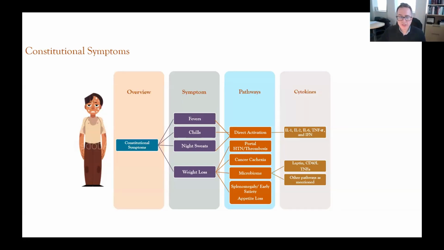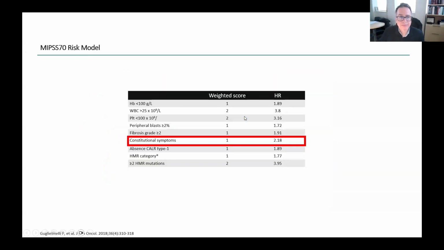So there is a rich understanding, incomplete, but actually quite large at this point, of the relationship between these cytokines, these inflammatory molecules produced by the clone, and various signs and symptoms of the disease, which are also complicated by multiple different mechanisms.